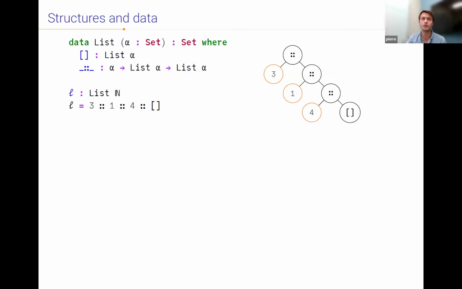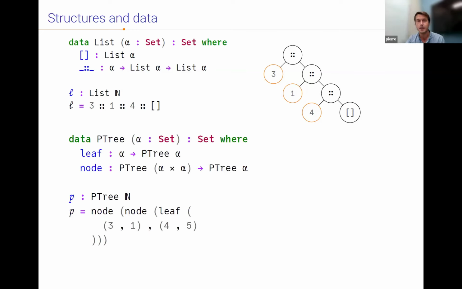But we can move on to slightly more general data types called nested types, like the type of perfect trees that I have written here, PTree. This data type has two constructors, leaf and node. Leaf just takes a piece of data and gives you a PTree, and node constructs a new PTree out of an older one.